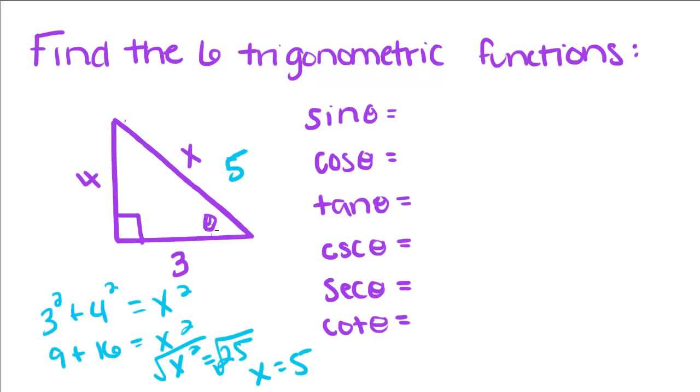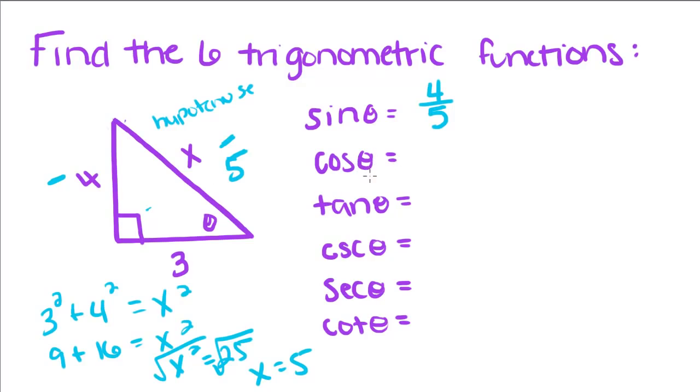So we're talking about this angle right here. So sine of this angle is equal to opposite over the hypotenuse. So we're going to put 4 over 5. Side 4 is across from this angle, and x, which is 5, is the hypotenuse of this triangle, and the hypotenuse is always across from this right angle.